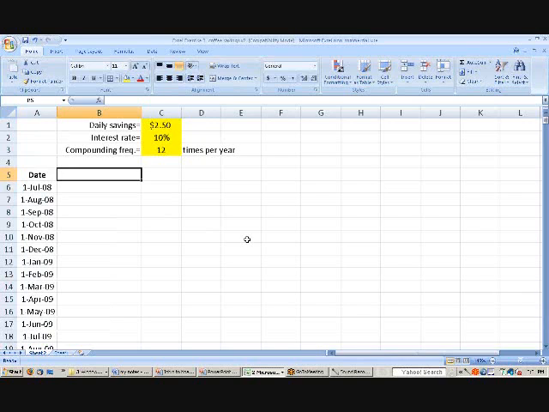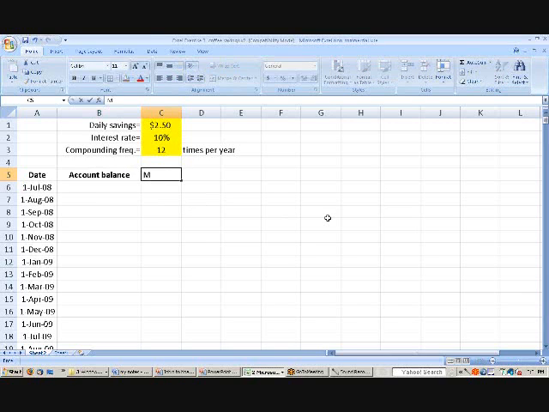And then we're going to need 3 columns for this spreadsheet. The first column is going to be our account balance. So let's suppose that we have a savings account. We put all our coffee savings into a savings account. So we're going to keep track of how much savings we have in this column.